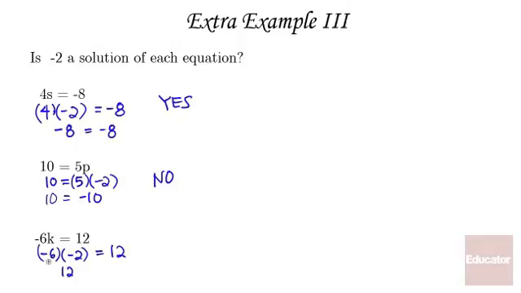For this, the two numbers that I'm multiplying, they're both negative. That means I have two negatives, which makes a positive, right? When you multiply or divide, two negatives make a positive. So this becomes positive 12, or just 12. I don't even have to write the positive. So 12 equals 12. This one is yes. This one works.